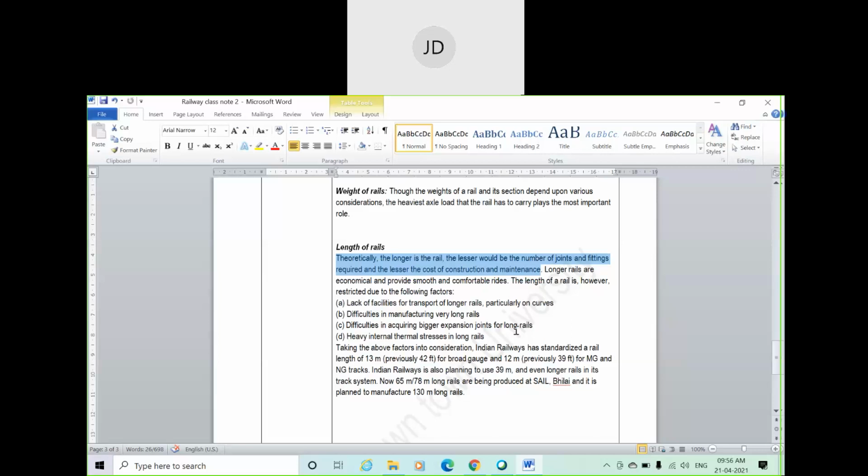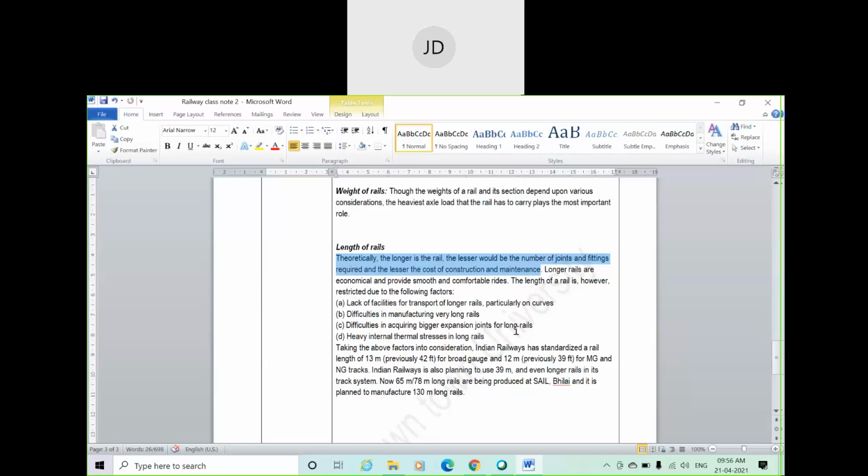Then we just connect two rails of 50-meter length, and you can cover 100 meters, right? So by this, we can use only one joint and one fishing plate only, or you can say both sides two fishing plates. That means the longer the rail, the lesser will be the number of joints, and fittings required are also less.